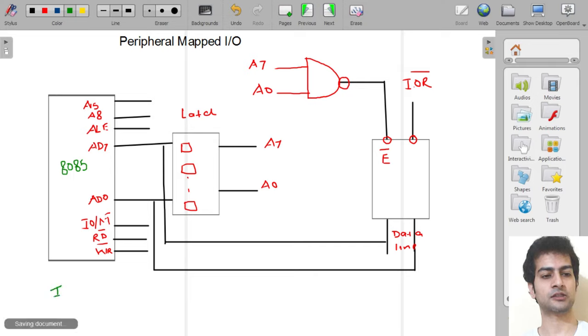By using the IN instruction, the microprocessor can read data of the input device. And let's suppose we have an 8-bit address. Suppose we take it as IN FFH. Then what is the meaning of this instruction? The meaning of this instruction is that the microprocessor wants to read data which is present at memory location FFH in the input device.